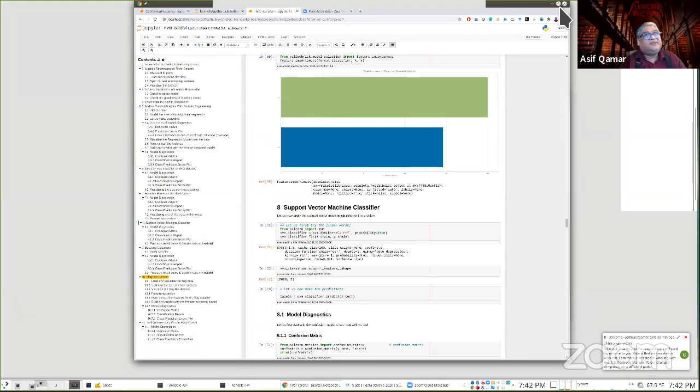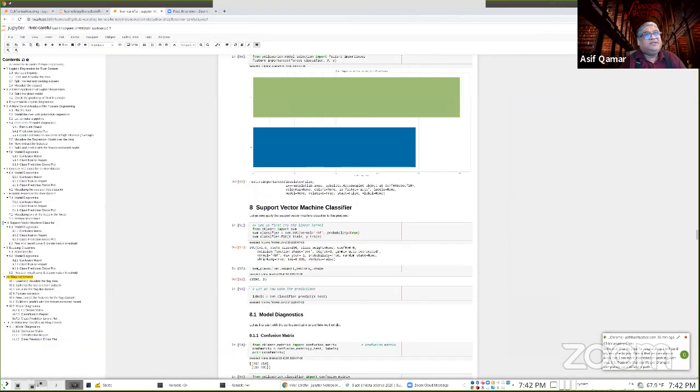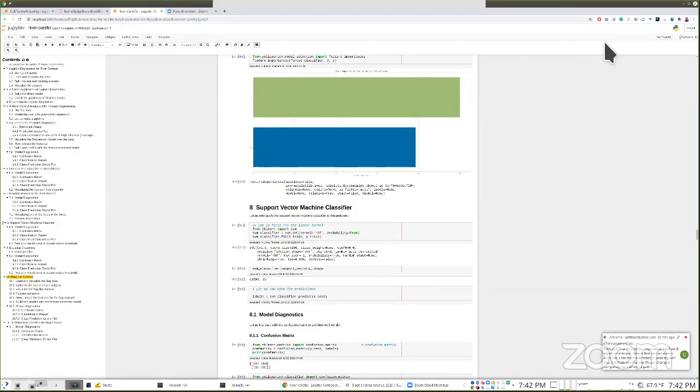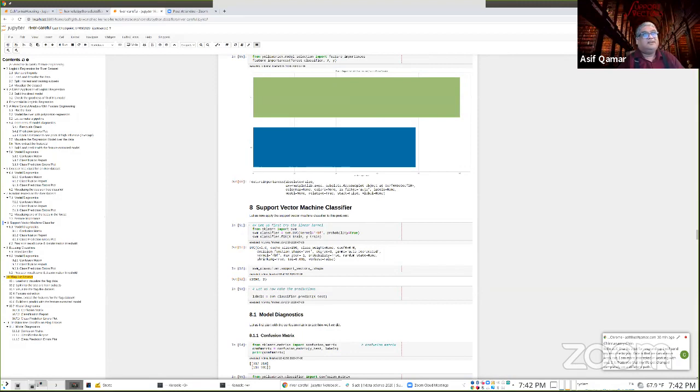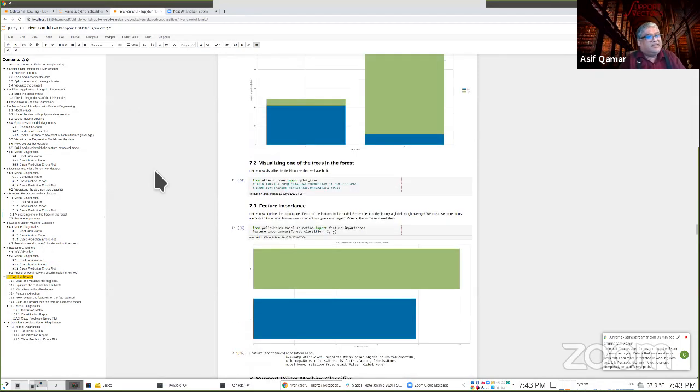Let me know when you see the screen sharing. You do, good. So we will go back to our river dataset.